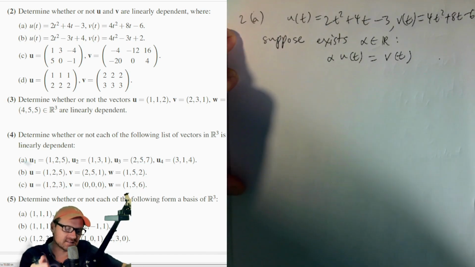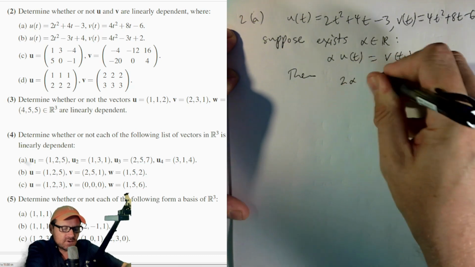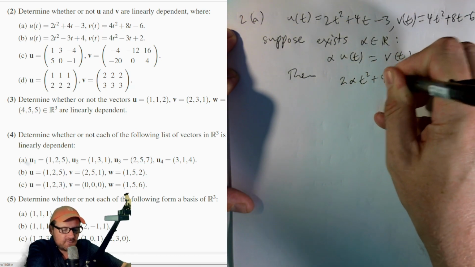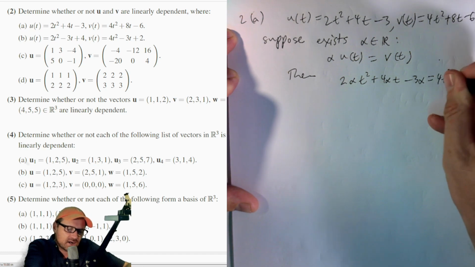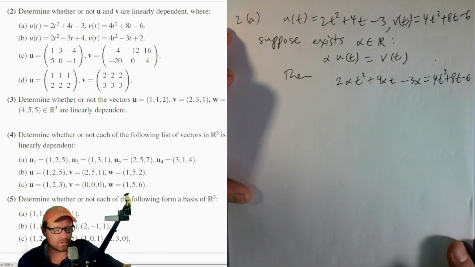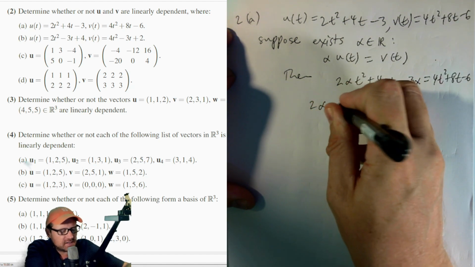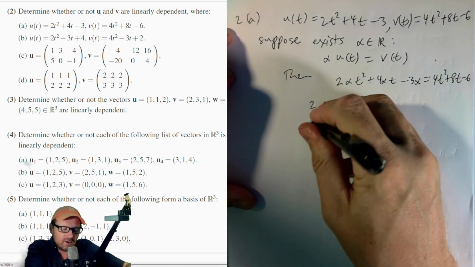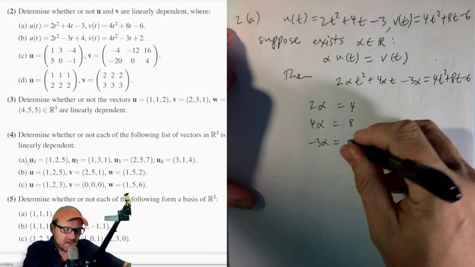Multiplying alpha times u, we have 2 alpha t squared plus 4 alpha t minus 3 alpha equal to 4t squared plus 8t minus 6. Matching coefficients, we get 2 alpha equal to 4, 4 alpha equal to 8, and -3 alpha equal to -6.